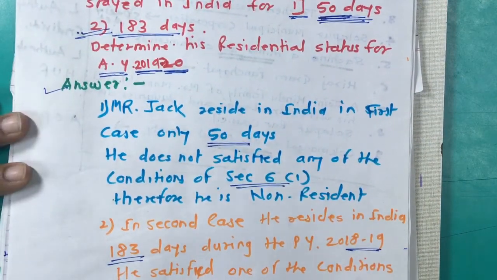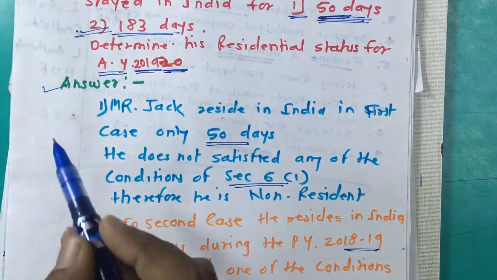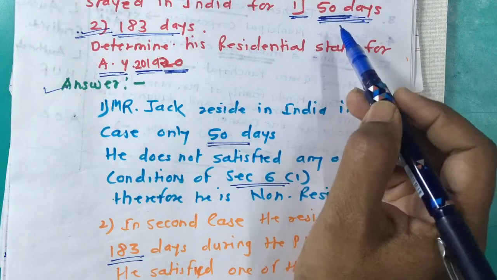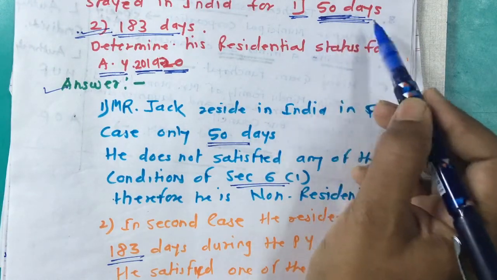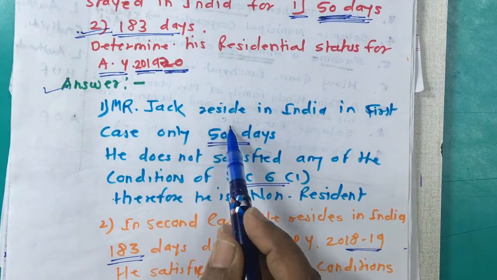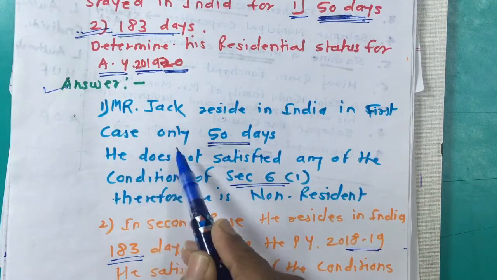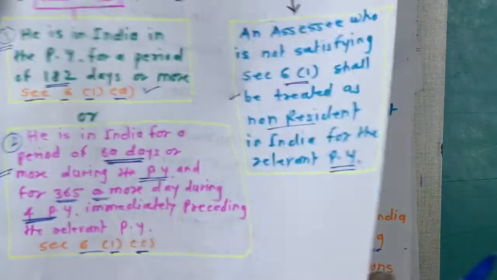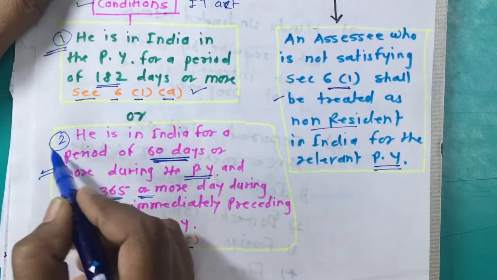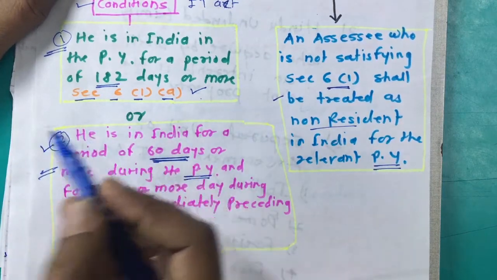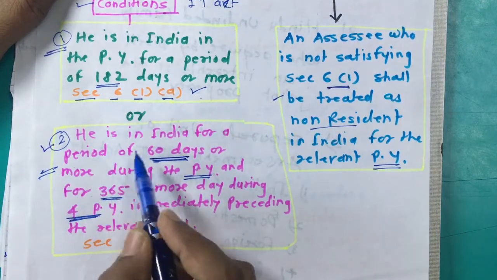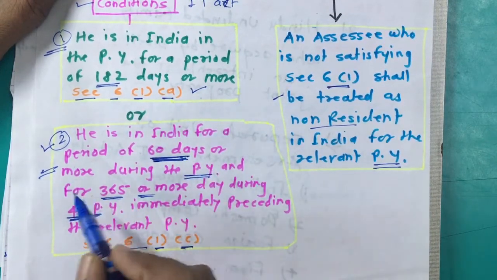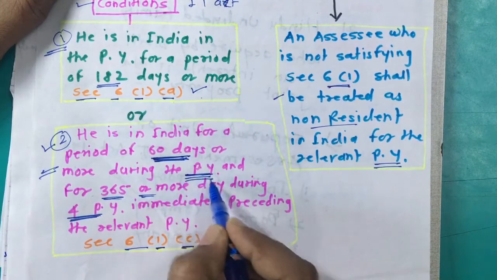See, this is the answer for this problem. In the first case, Mr. Jack resides in India only 50 days. As per the basic conditions, the second condition applies for this first case: he is in India for a period of 60 days or more during the previous year.